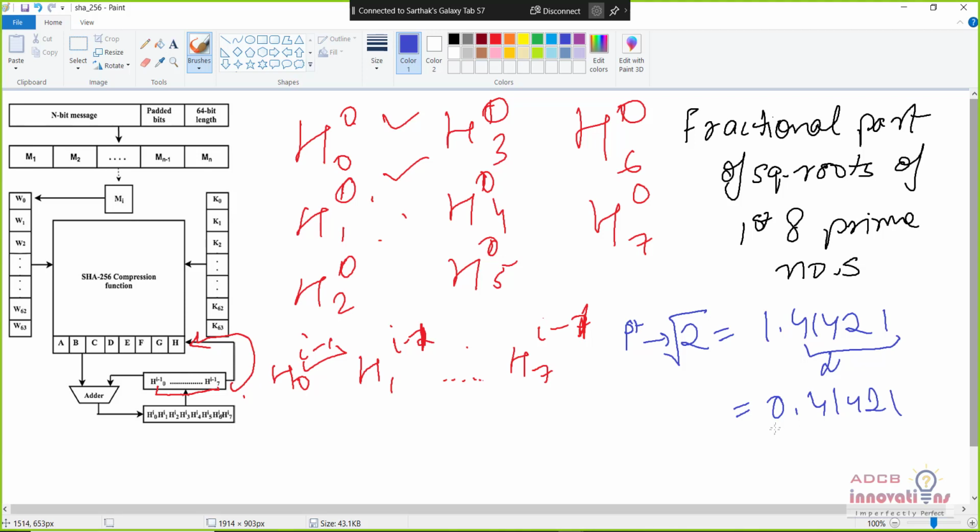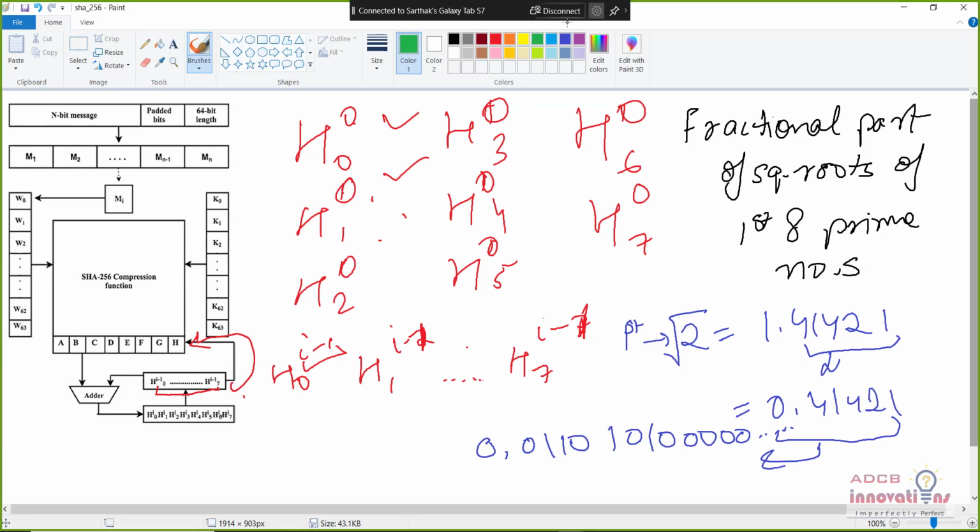When we take this into binary, it becomes 0.0110 1010 0000 and so on, like this it will continue.